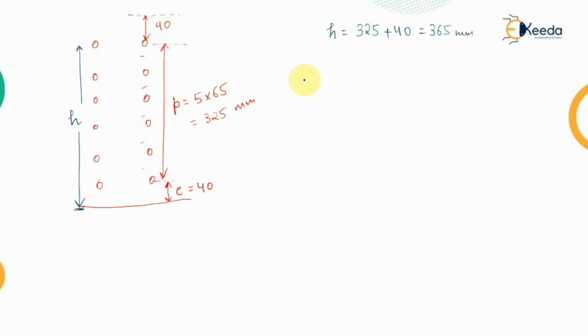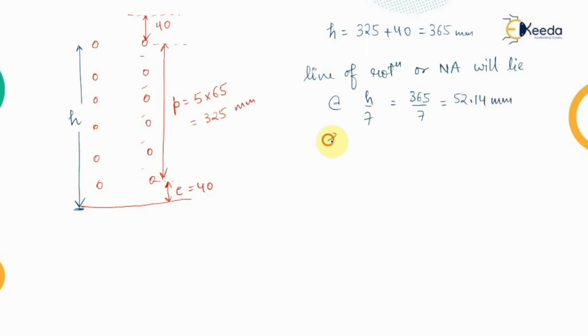Now the line of rotation, or that may also be said as the neutral axis, will lie at a distance of h by 7 from the bottom of the bracket plate. So h by 7 will be 365 divided by 7, and that comes out to be 52.14 millimeter from the bottom of the bracket.